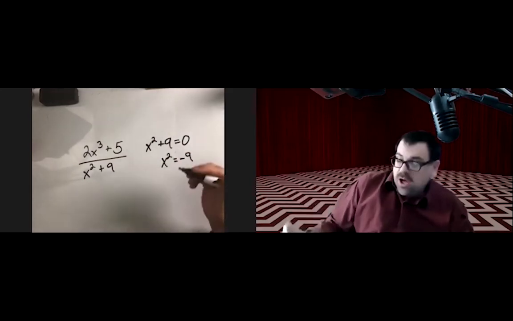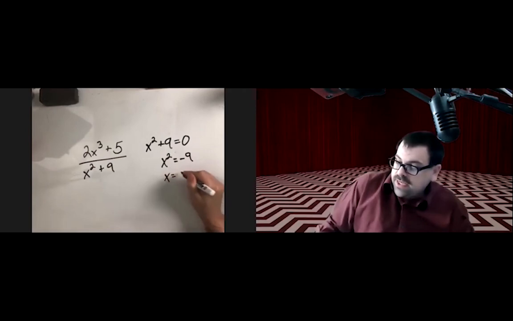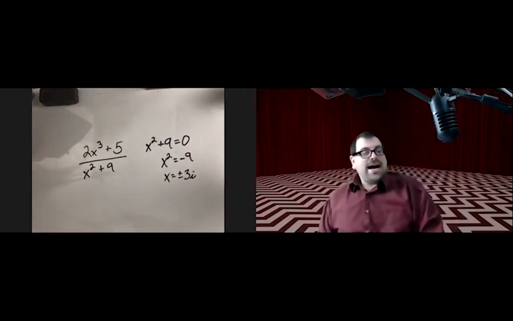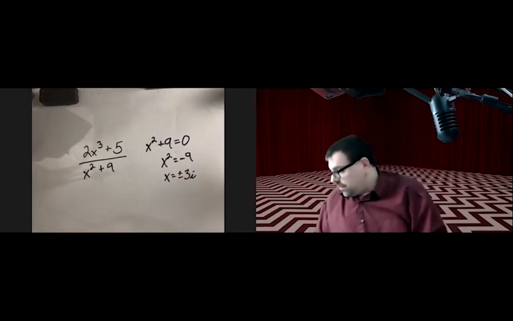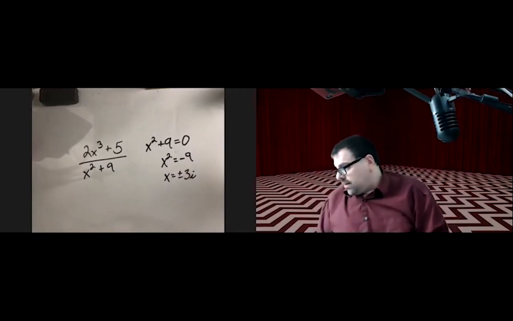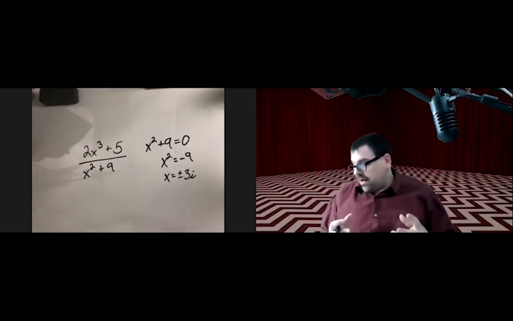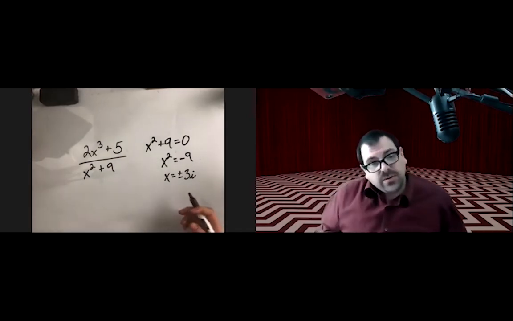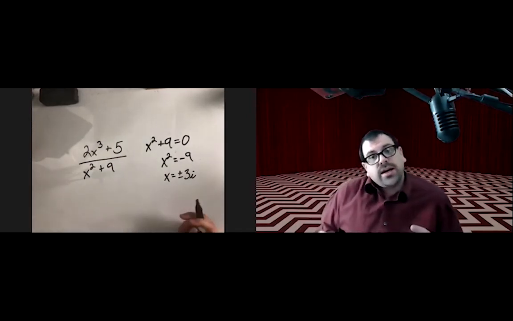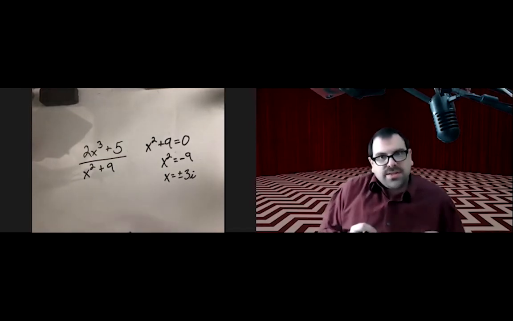And we know now with complex numbers, x would be plus or minus 3i, the square root of a negative number. But when we're talking about restricted values, we're talking real number system only.